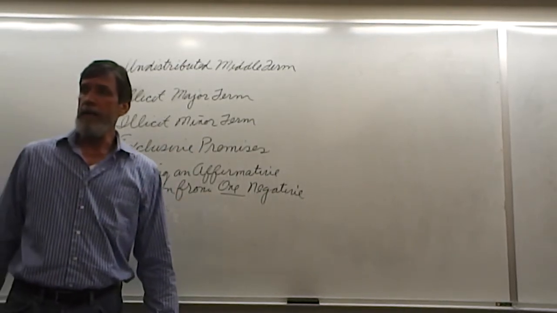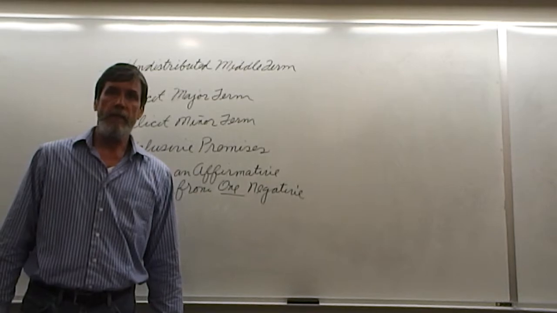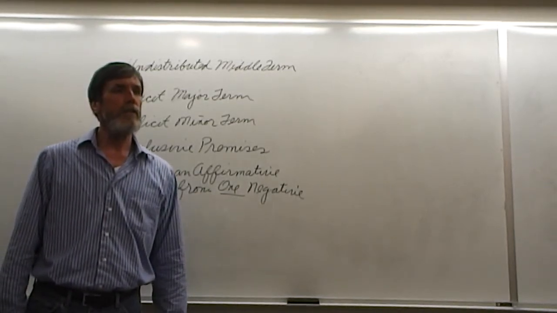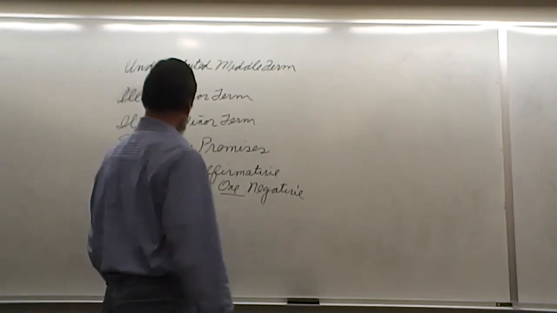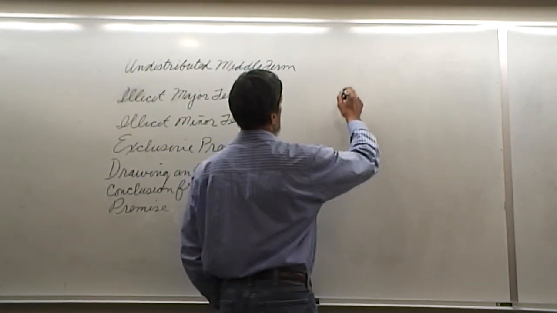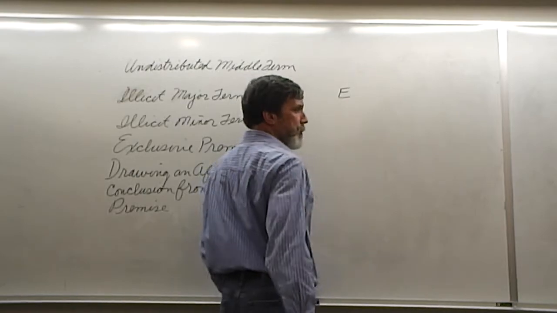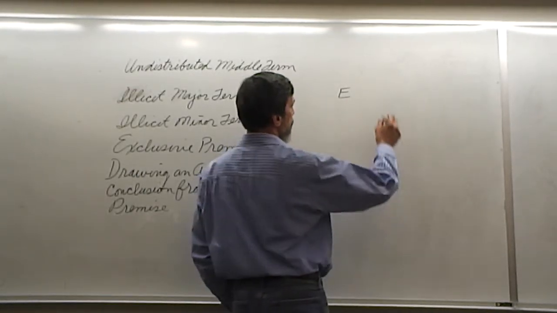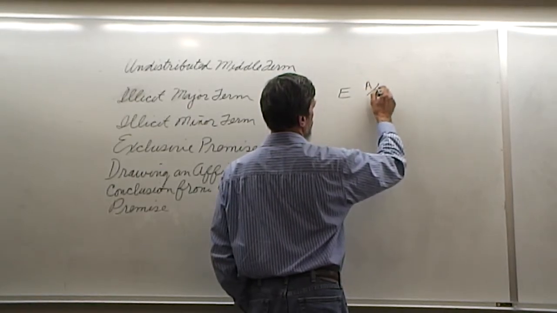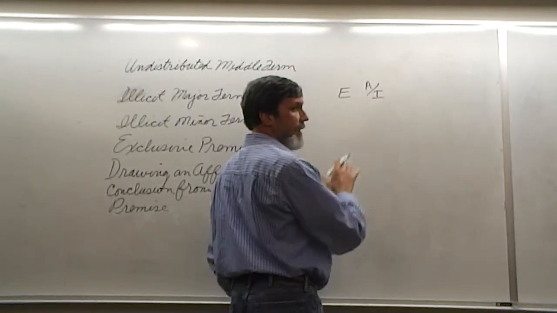So again, I'm going to use my shorthand method of moods to show you every mood that commits this fallacy. Major premise is E, that's negative. If the minor premise is either A or I, that's affirmative. So we've got one negative premise.